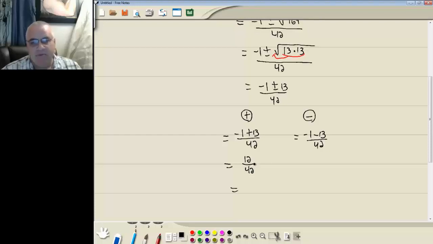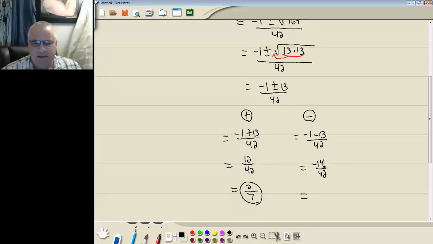And that simplifies. 12 and 42 are both divisible by 6. So 12 divided by 6 is 2, and 42 divided by 6 is 7. So that gives us 2 sevenths. Negative 1 minus 13 is negative 14 over 42.